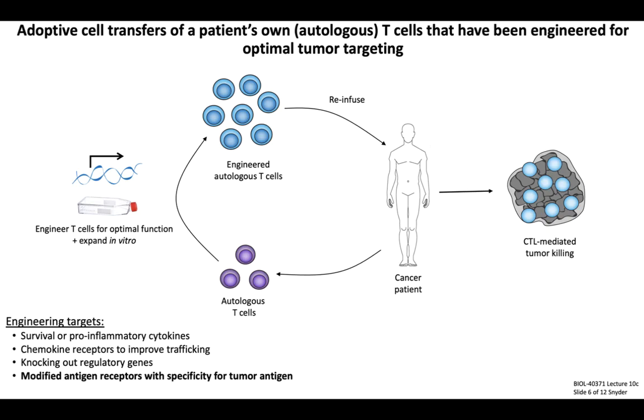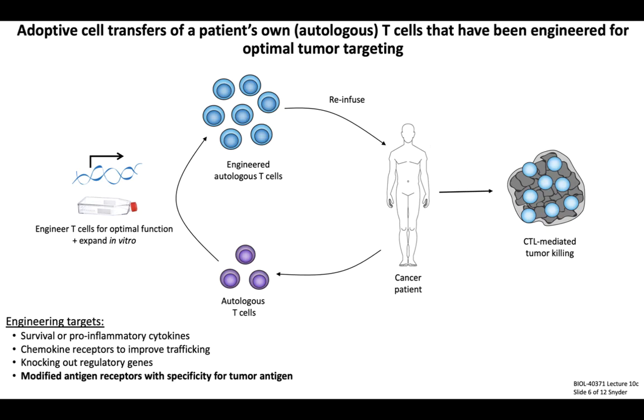This includes overexpression of pro-survival or inflammatory cytokines to overcome the immunosuppressive tumor microenvironment. You can also express chemokine receptors that would promote T cell migration into a tumor, or you can knock out regulatory genes that dampen T cell activation. Lastly, you can modify patient T cells to express synthetic versions of antigen receptors that are better suited for T cells to recognize and kill tumor targets.